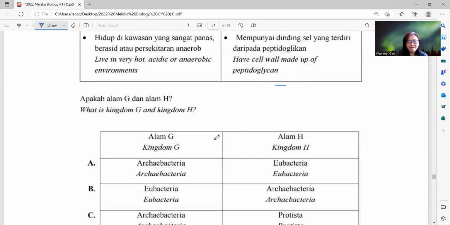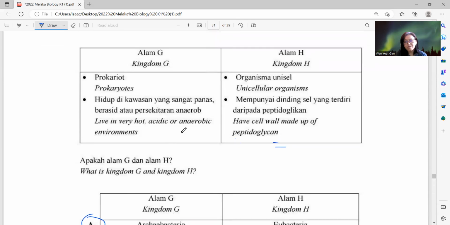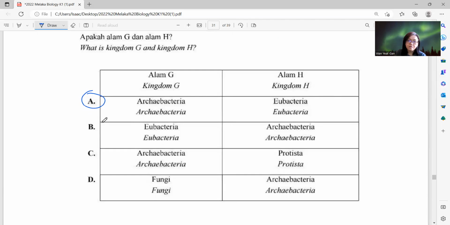So the answer here is A, Archaeobacteria and Eubacteria. Eubacteria have a cell wall that is made up of peptidoglycan, and Archaeobacteria are prokaryotes that can live in extreme conditions.